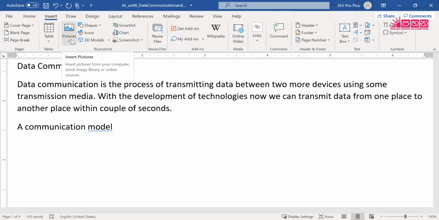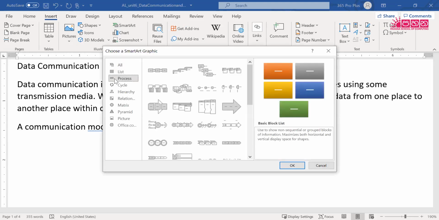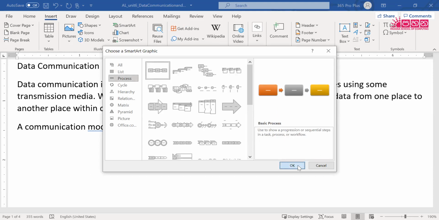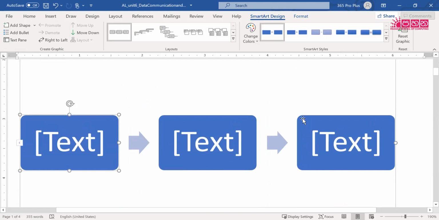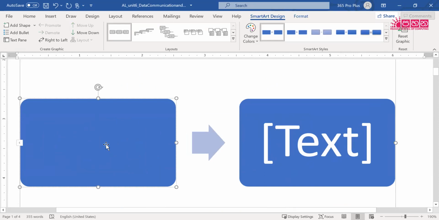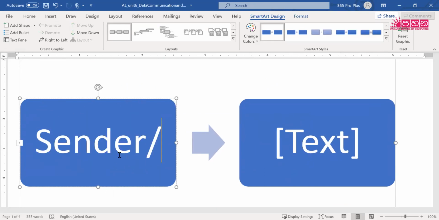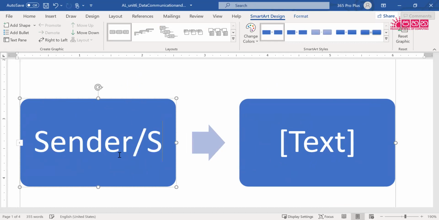So on one side we will have the sender, or sometimes we call it the source.